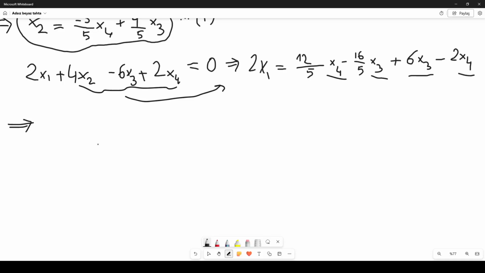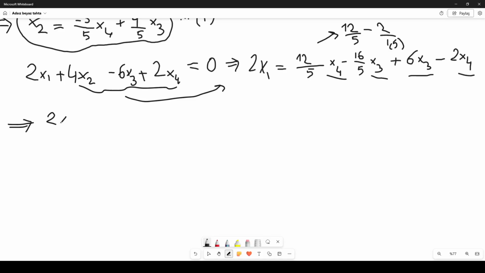Let's do our algebraic operations right here. 12 over 5 minus 2: 12 minus 10 is equal to 2 over 5.